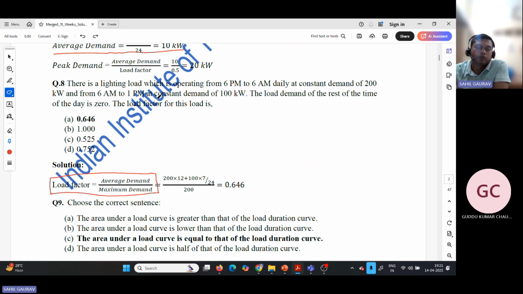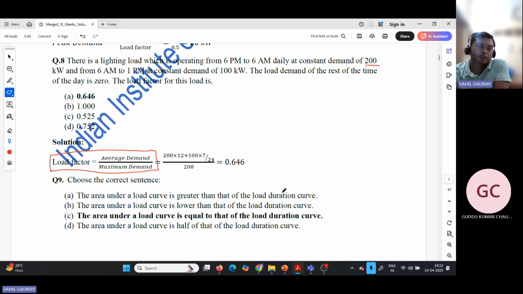So it is 6 a.m. to 1 p.m., 7 hours, and the load demand for the rest of the time is 0. So 200 into 12 plus 100 into 7, upon 24, is the average demand, and maximum demand is 200 kilowatt. So its load factor comes out as 0.646.